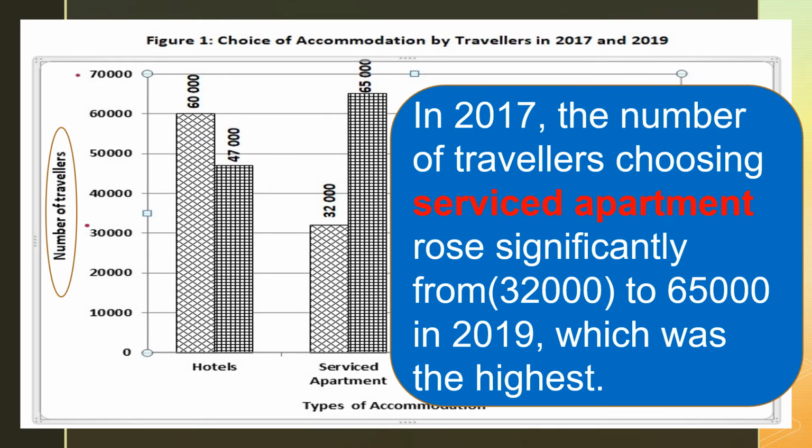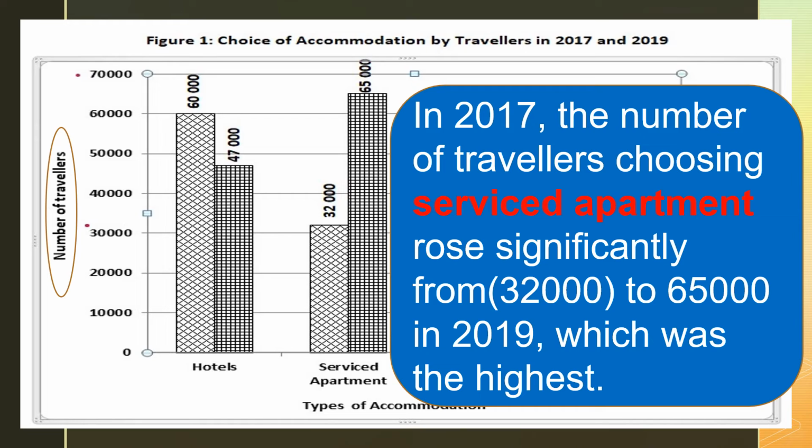Okay, let me bring you to serviced apartment. Right. You look at the data, 32,000 in 2017, and in 2019, 65,000. So this is the analysis for it. In 2017, the number of travelers choosing serviced apartment rose significantly from 32,000 to 65,000 in 2019, which was the highest.